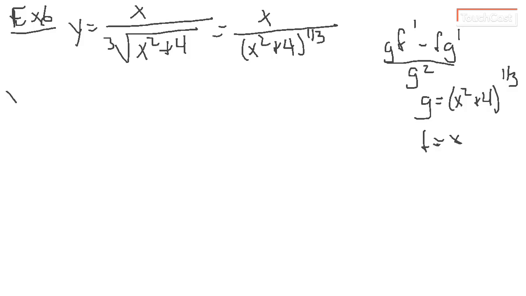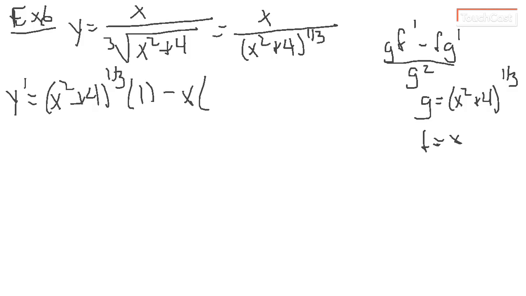So y prime is going to be g, which is x squared plus 4 to the 1/3, times f prime, which the derivative of x is just 1, minus f, which is going to be x, times the derivative of g.